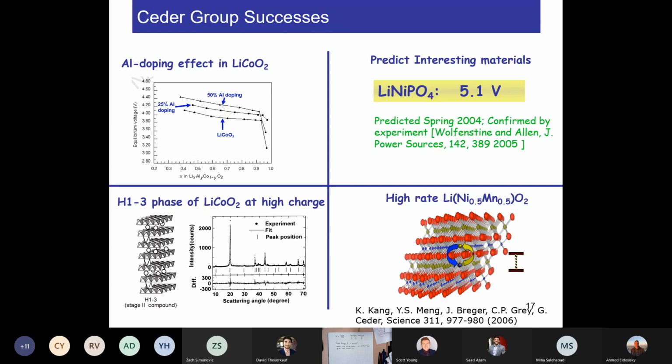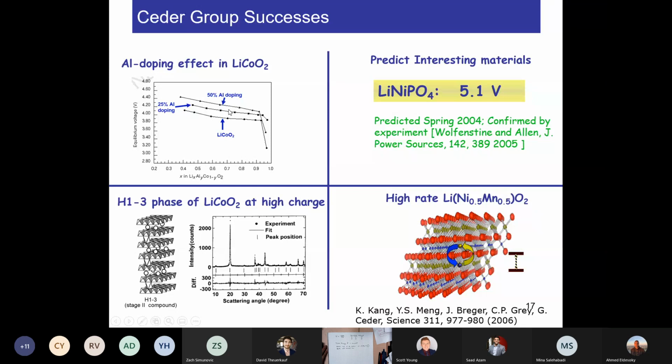So don't think that this theory is not very useful. It's incredibly useful. This is a slide that I got from Gerd Ceder at one point, where they show their successes. They showed clearly what would happen if you added aluminum to lithium cobalt oxide. The voltage goes up.